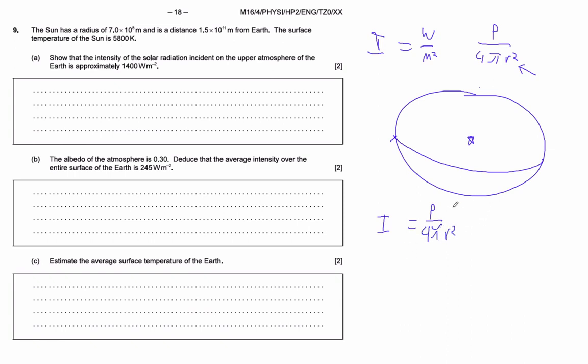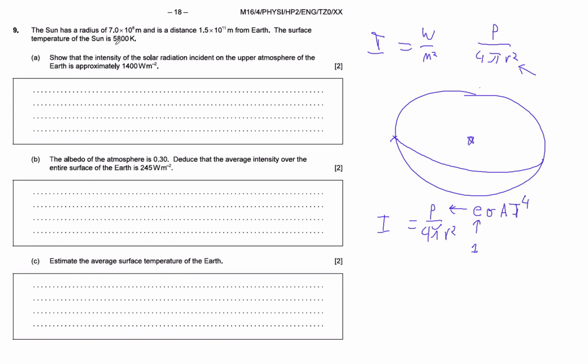And the power for a star will be the power emitted by some hot object. This is thermal radiation, so that's going to be e, the emissivity. We'll use 1 for our emissivity, assuming that the star is perfectly emissive, times the Stefan-Boltzmann constant times the area times the temperature to the fourth, right?